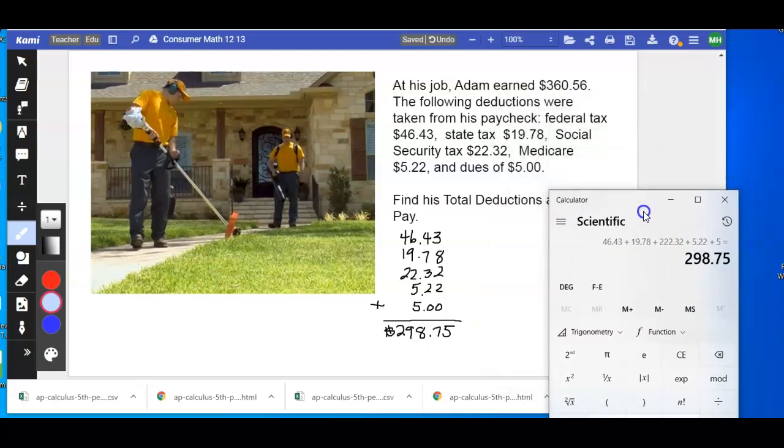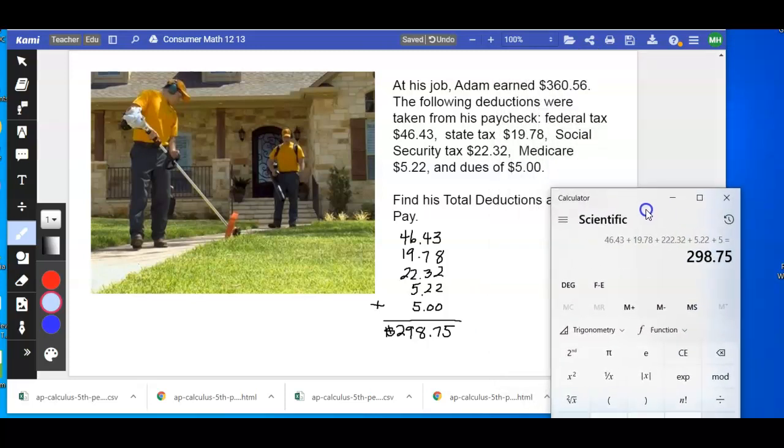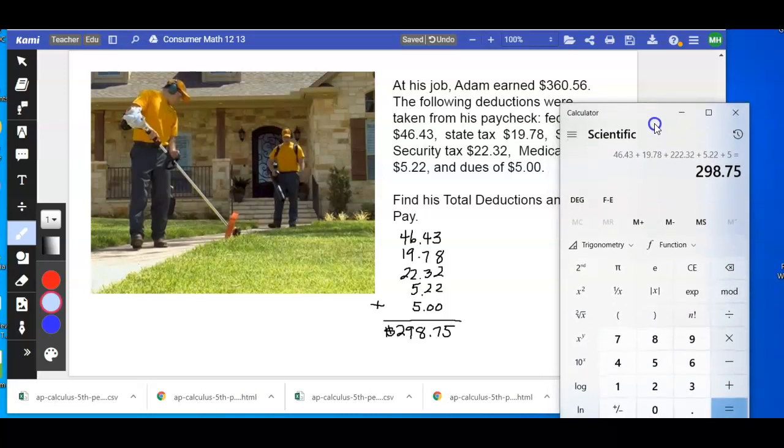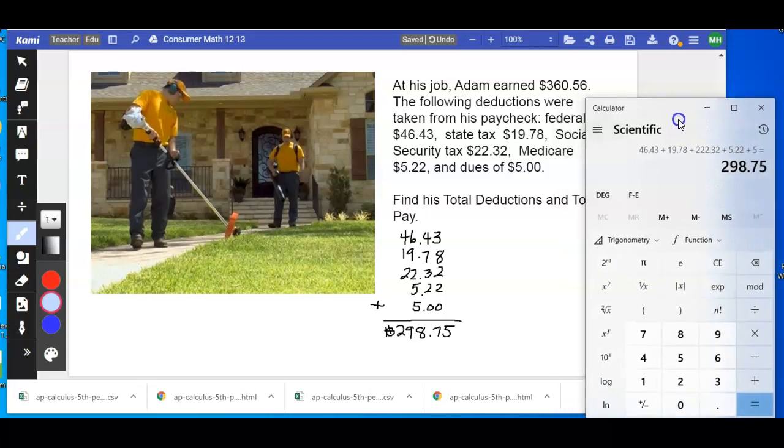Okay, and so, Jiminy Christmas, this guy is not going to have very much left, is he? So it says he earned $360.56.